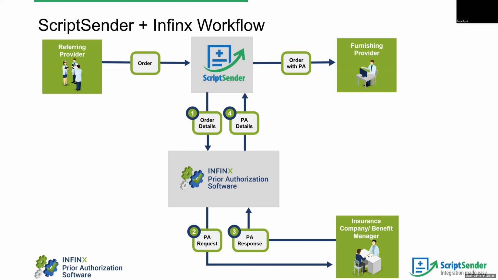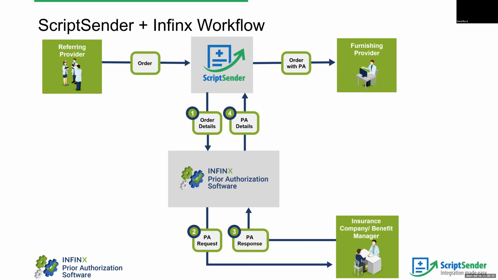So Jim kind of went over this during the demo, but I'll just reiterate it. ScriptSender pulls the clinical documentation from the referring provider through the EMR. They digitize the order, as Jim showed you. That order comes to us, and then we request the prior authorization either through the insurance company or through a benefit manager.